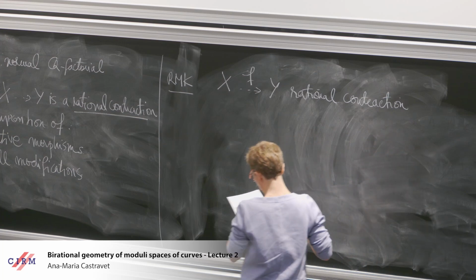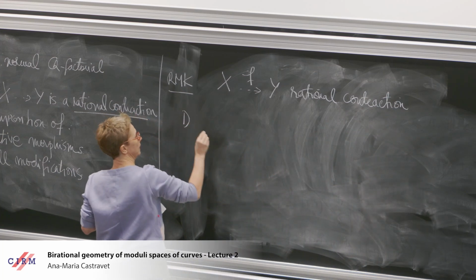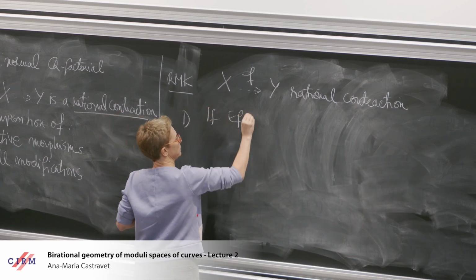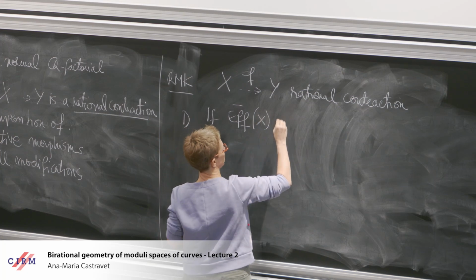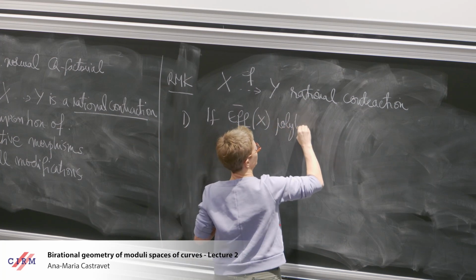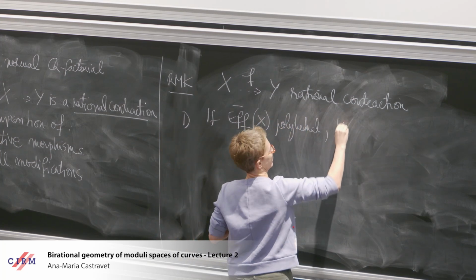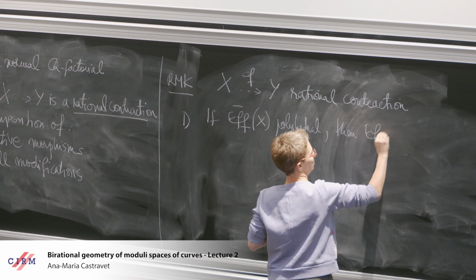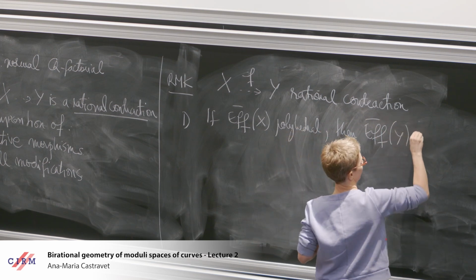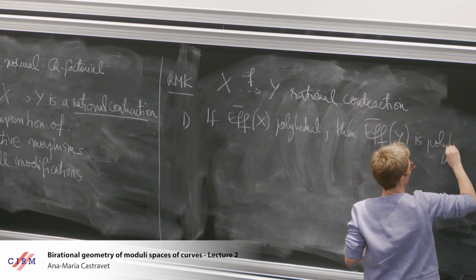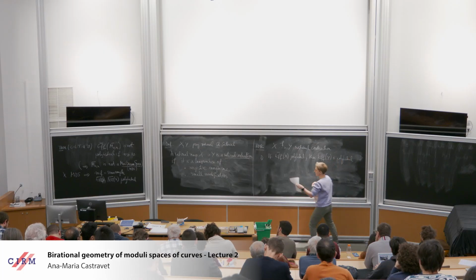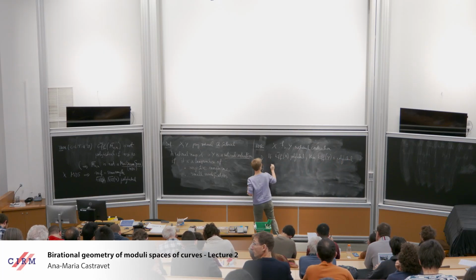So in particular, if the effective cone of X is polyhedral, then the effective cone of Y is polyhedral. And then the same is true for Mori dream spaces.